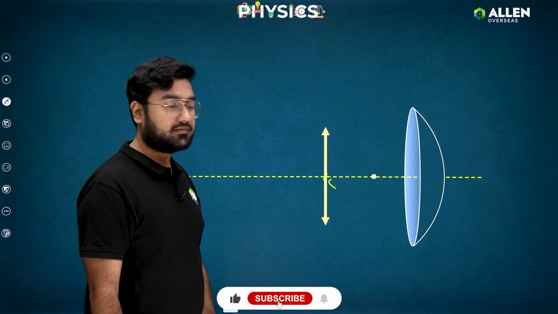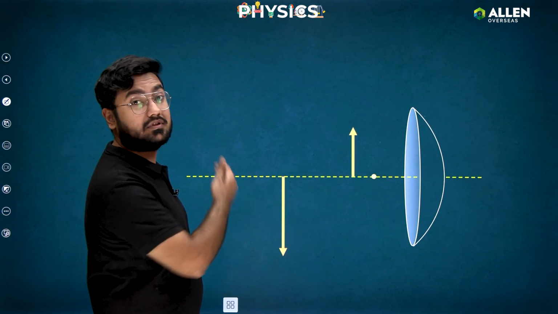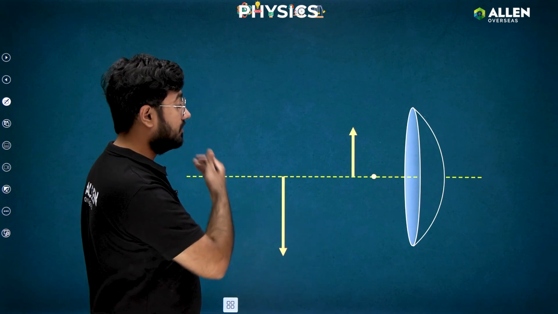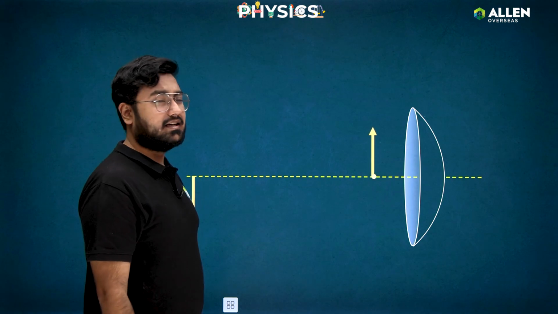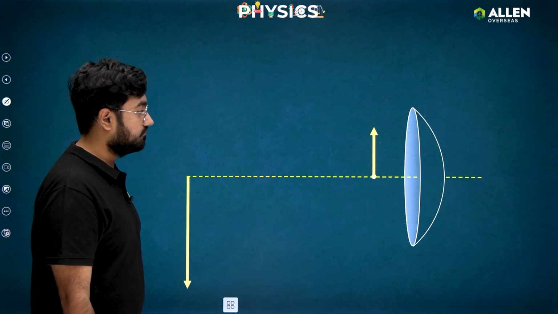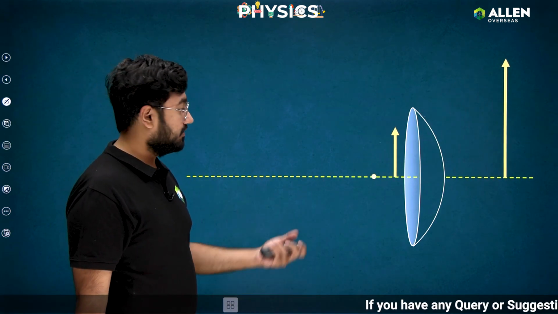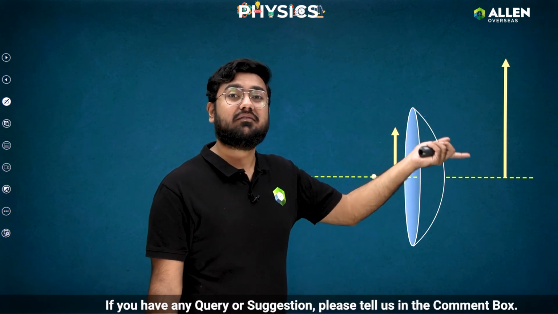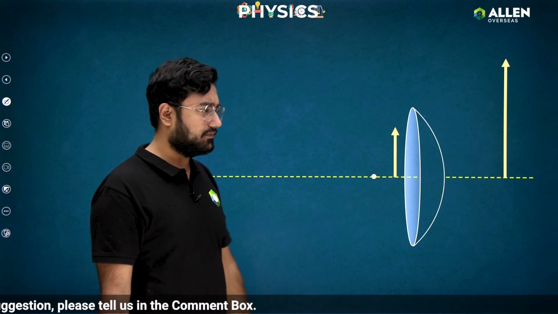Move it further, between C and F. The image will move further away. Then at focus, the image formation is at infinity. Next, when you are between the pole and the focus, the image formed will be virtual, on the opposite side.